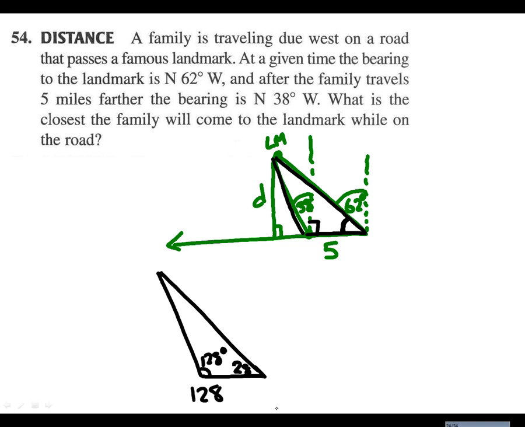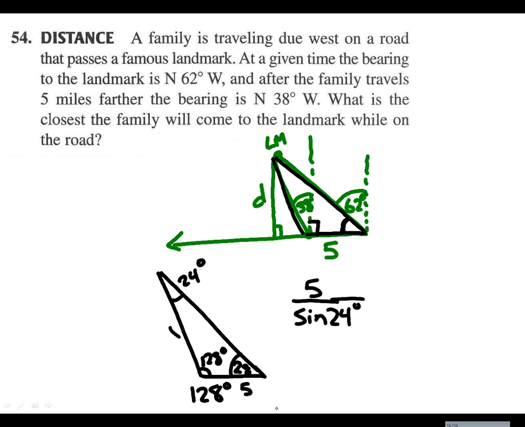And we know that this bottom side is 5 miles. So the 5 is going to match up with the sine of our third angle up here. We can find that by subtracting from 180. We end up with 24 degrees.